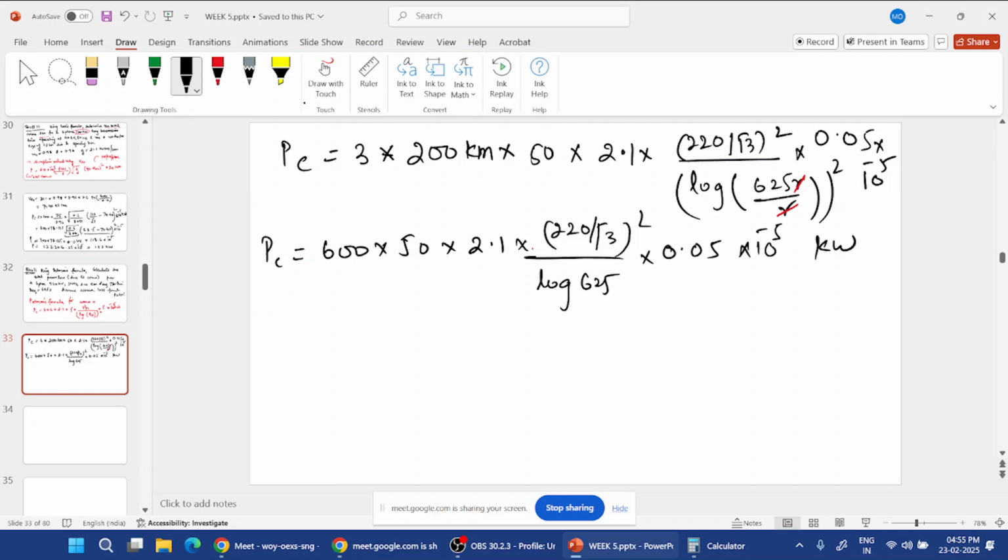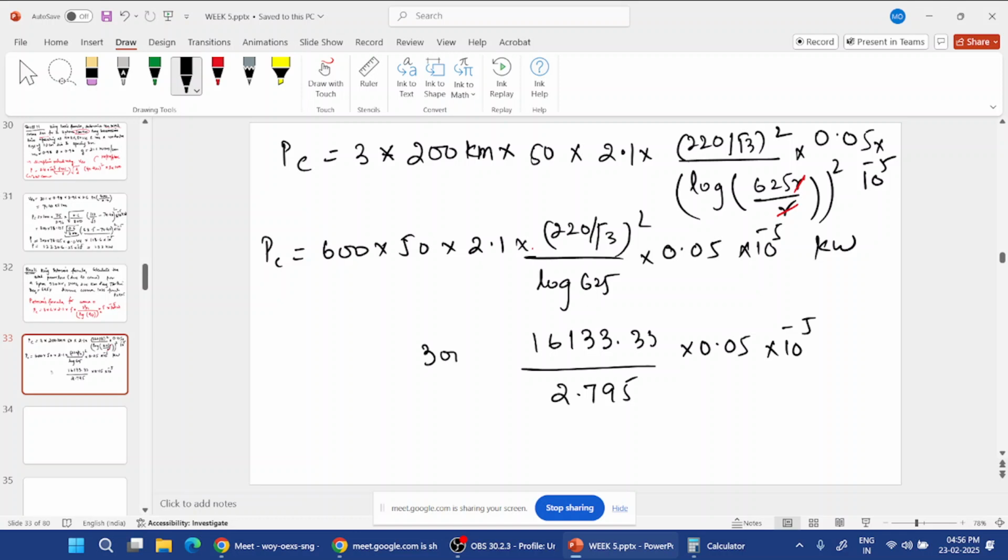So first log 625, its value comes out to be 2.795. Do check if any mistake on the calculation part is being done. So this comes out to be 16133.33 into 0.05, and 600 into 50 into 2.1.